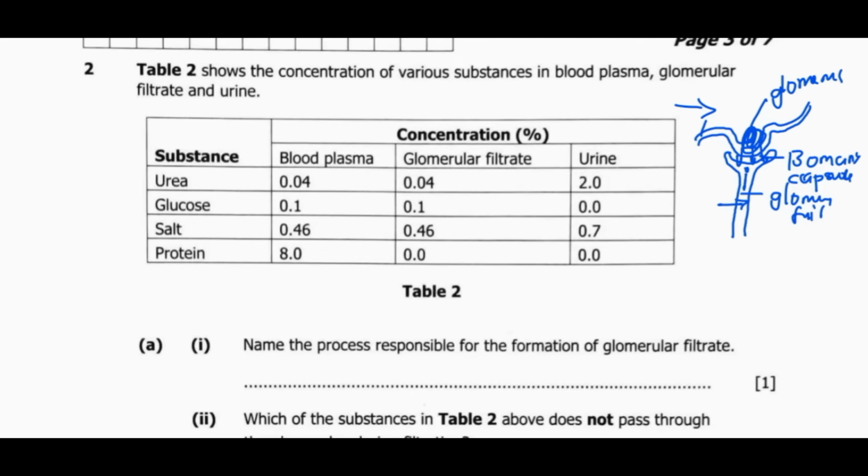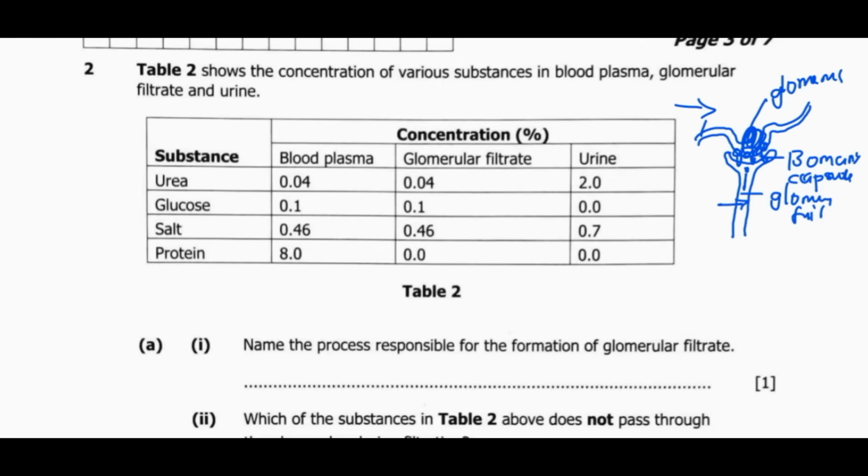Even in urine, we don't have the proteins. So we can conclude here that proteins cannot be filtered out. The reason is the sizes, because there are only small pores here that can only allow small substances to pass through into the Bowman's capsule.